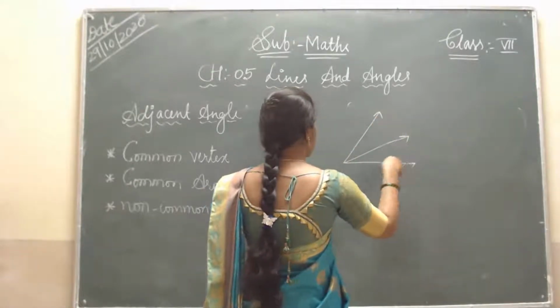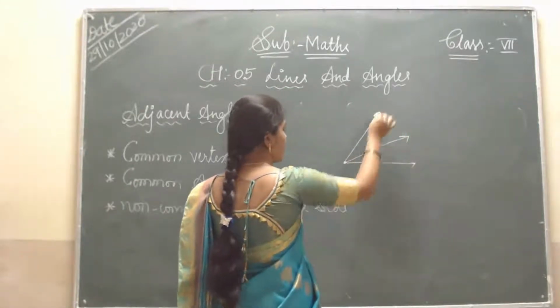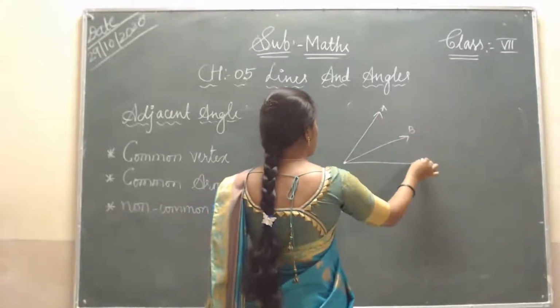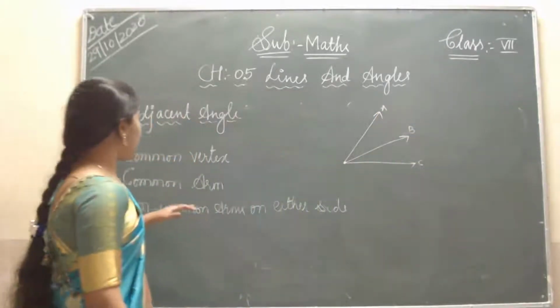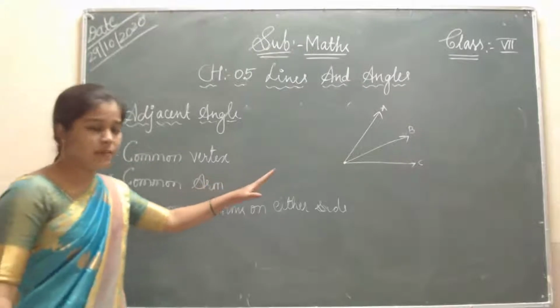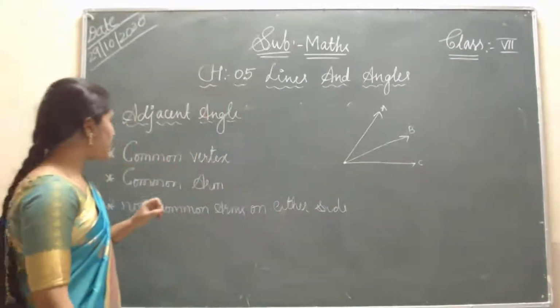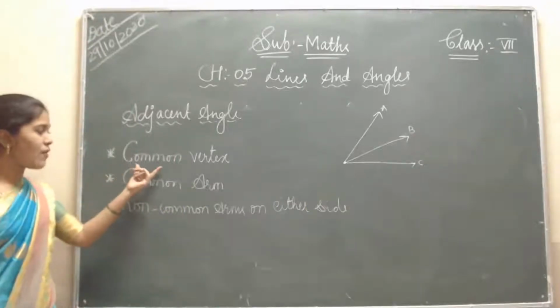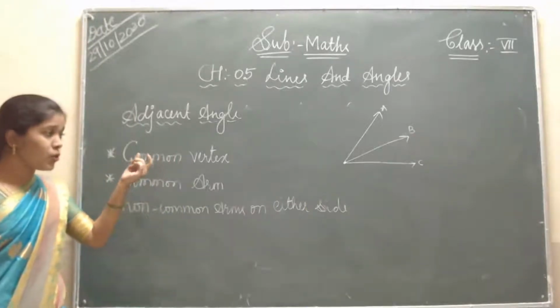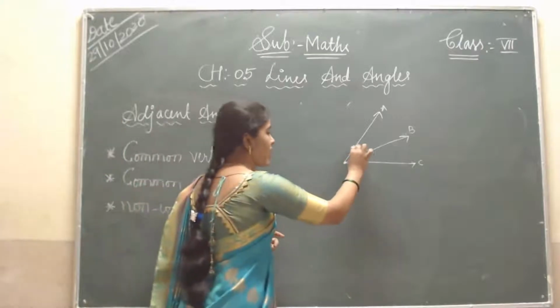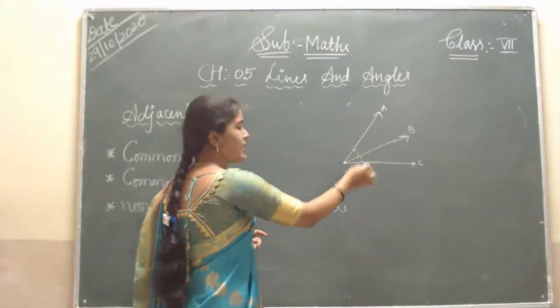Let's take an example. This is diagram A, B, C. Let's see whether these angles are adjacent or not. There are two angles in this figure.